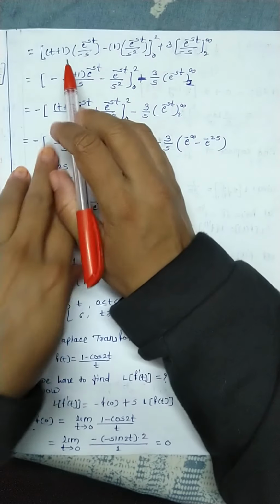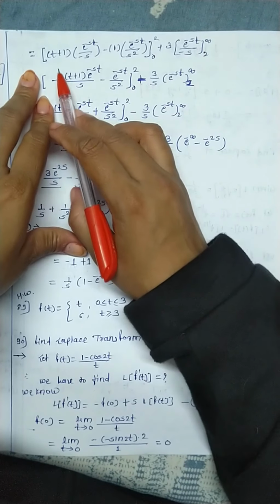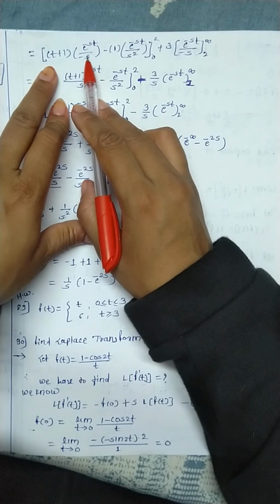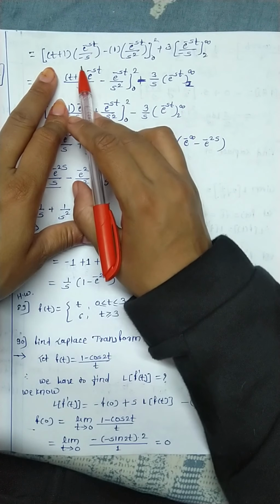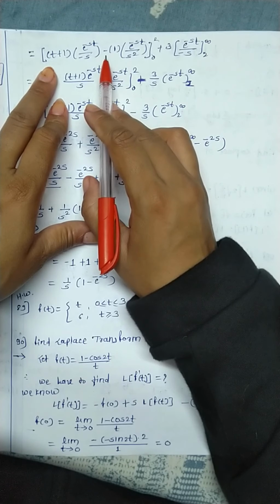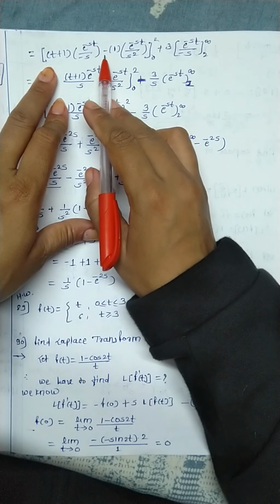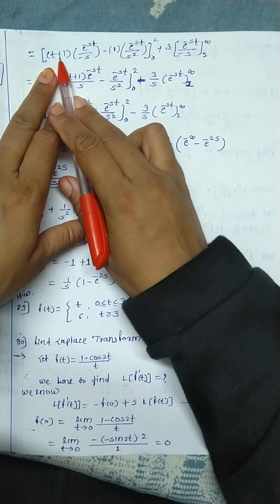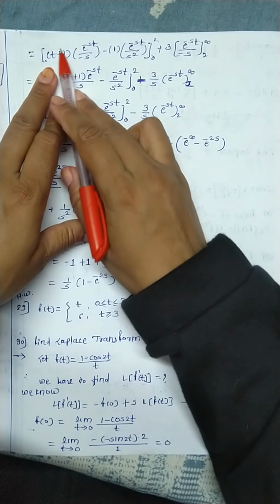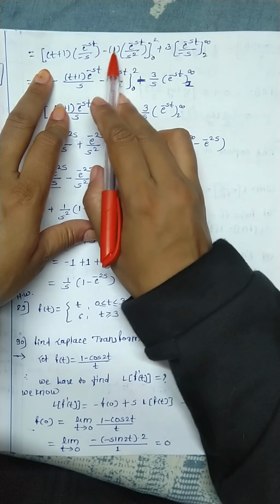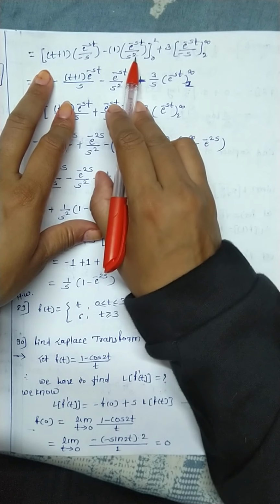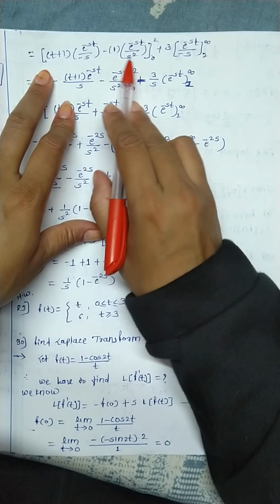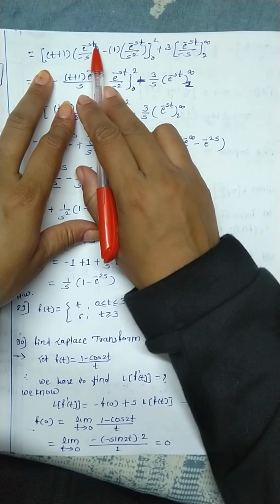Now let us see how to calculate that. This is u. First term: u into the integration of v. The integration of v is e raised to minus st upon the derivative of minus st, which is minus s. Second term, by the u into v rule by parts: minus, in brackets, the derivative of u. The derivative of 1 is 0 and of t is 1. Into the second bracket, the integration of this function with respect to t.